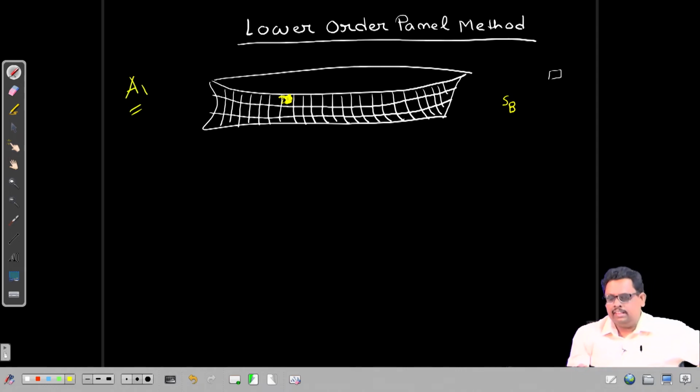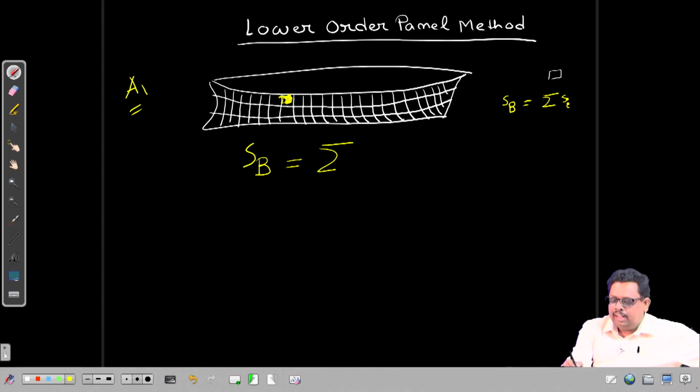Then this S B, you can see, is the sum of these small areas S I. So, finally, I understand the meaning of the discretization. It is this computational domain that I discretize by some small areas S I, or quadrilaterals.